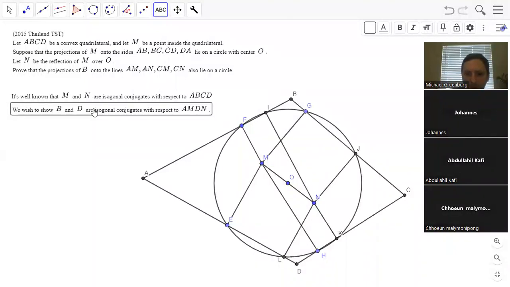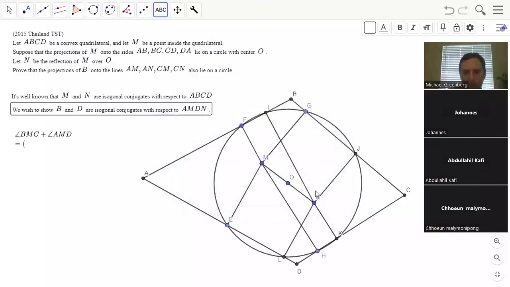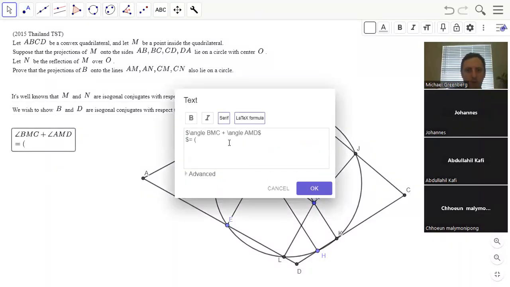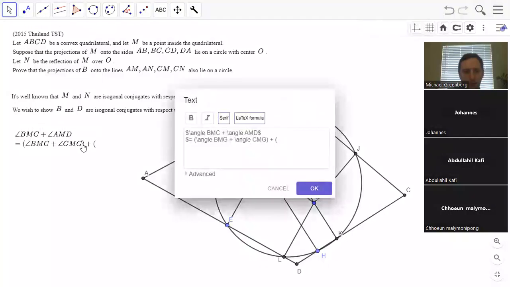And then we have angle BMC plus AMD. That's equal to angle BMG plus CMG plus angle AME plus angle DME. Actually, I think I might have it here.